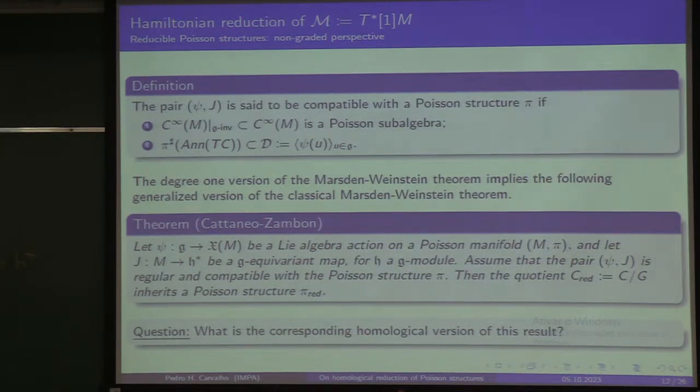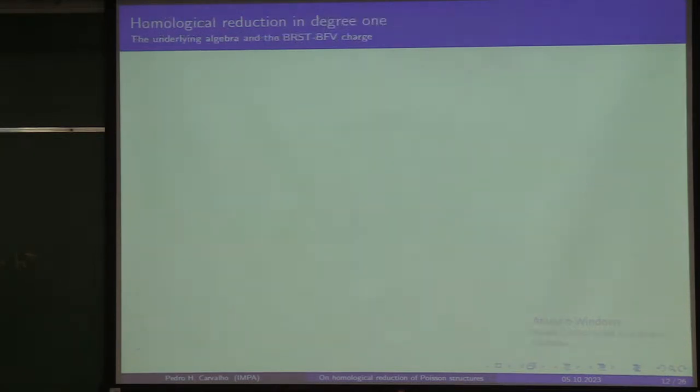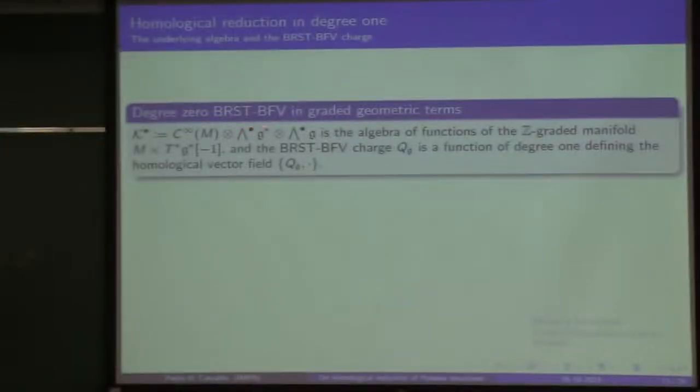Okay, so let's see. The idea here is to consider this interpretation for this differential graded algebra that I told you about. You remember the Poisson bracket, and if you put on the glasses of graded geometry, you can see this as functions on this manifold here.